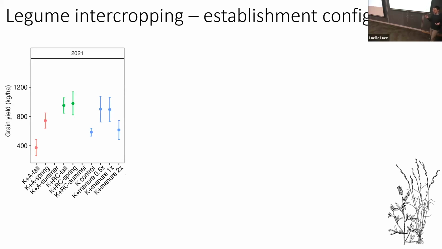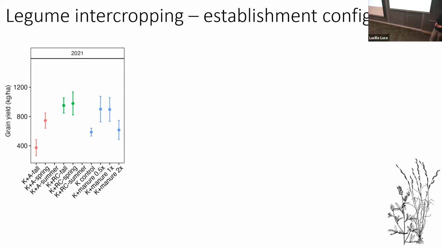Relative yield is great and all, but what's the actual economic viability of these systems? So this is grain yield in kilograms per hectare. I said around 800 is kind of this ballpark figure that we see a lot of times from our trials in Minnesota. So we have our alfalfa intercrops, our red clover intercrops, and then the control and 3 nitrogen rates.